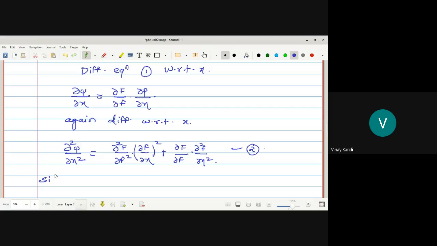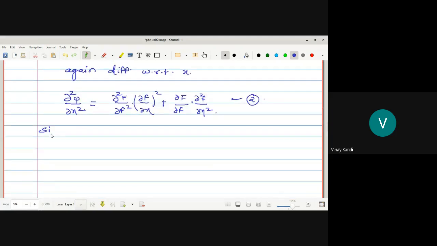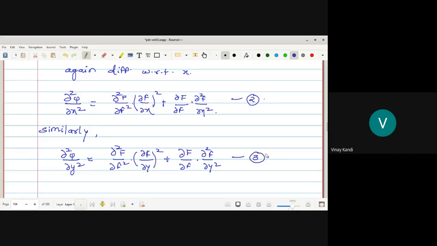Similarly, we can write for y and z. Similarly, for dou 2 psi by dou y square, we write dou 2 capital F upon dou small f square into dou f by dou y, bracket square, plus dou capital F by dou small f into dou 2f by dou y square. Give it as equation number 3.